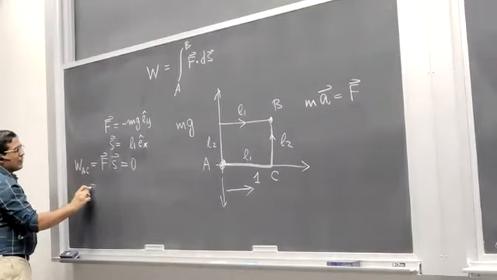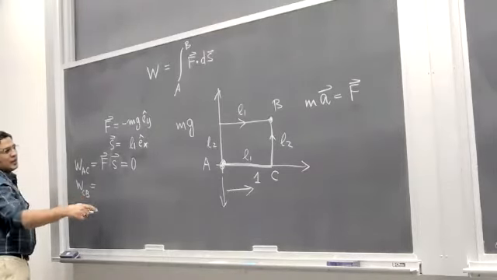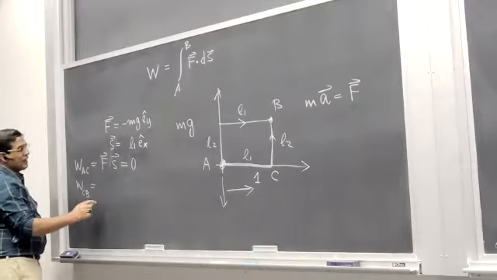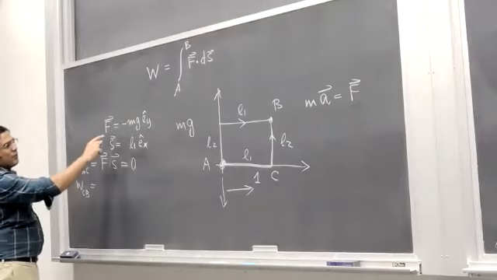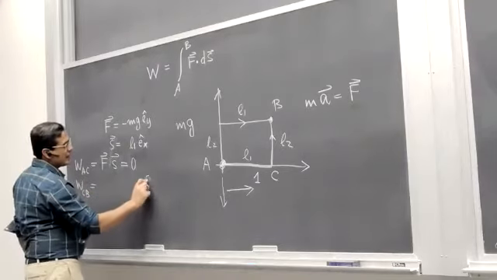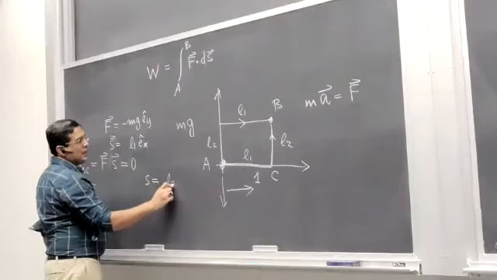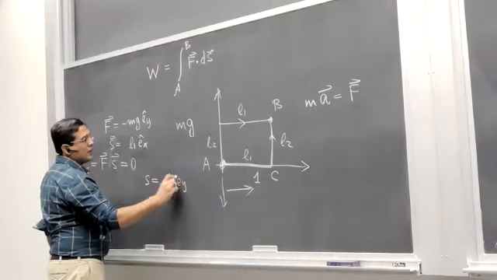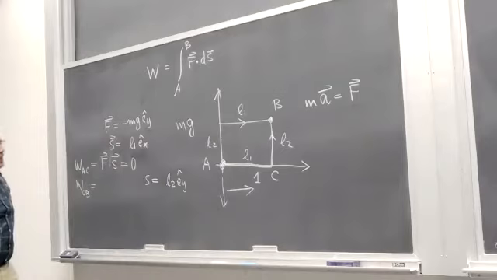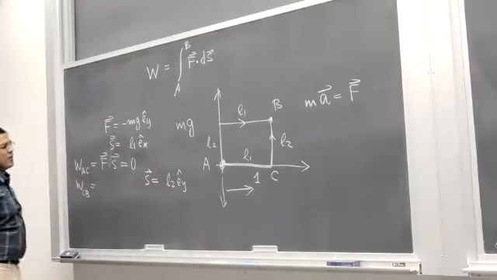And now let's consider work done from C to B, along path 1. We still have the same force, but now the displacement s is different. What would be s in this case? s would be L2 ey. Now the dot product between this and the force remains the same.